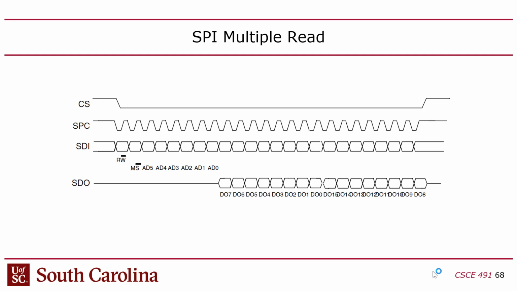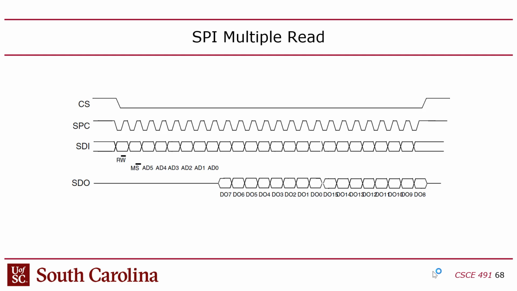Okay, so the problem there is that I only showed one read or one write. If you're reading a sensor that maybe has 32-bit registers in it, you can't read a whole 32-bit register with one of those types of transactions because there's only 8 bits conveyed.